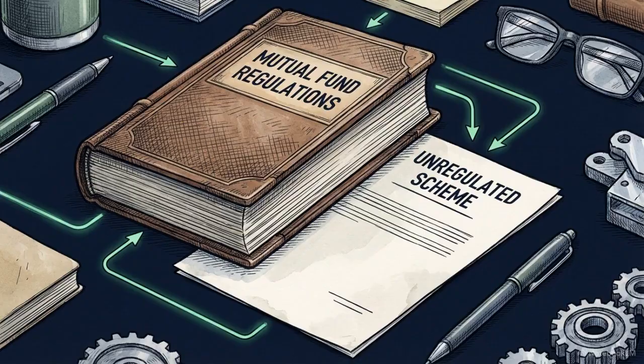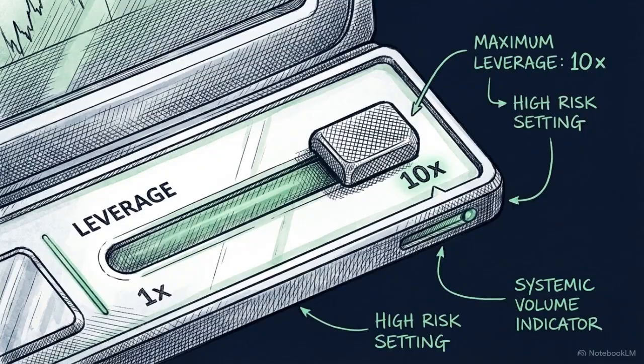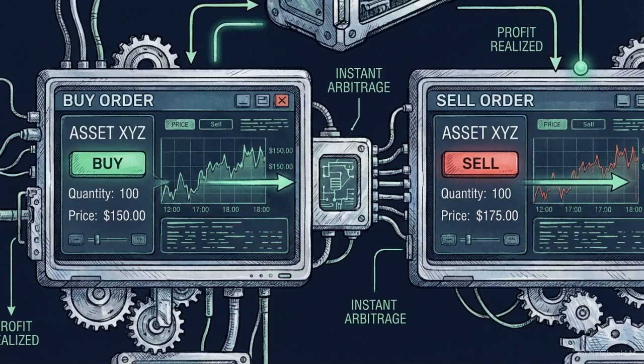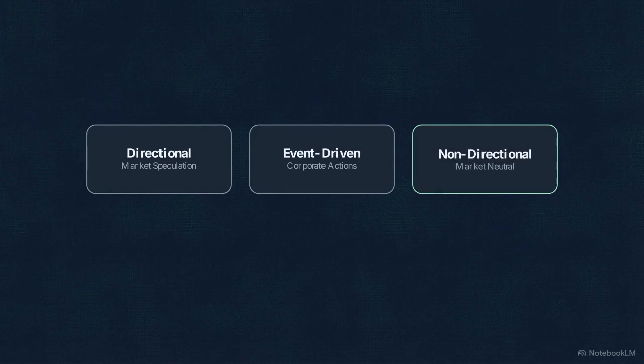Because hedge funds are structured as unregulated collective investment schemes, they aren't bound by the strict constraints placed on mutual funds. They are legally permitted to employ extreme leverage, aggressive short selling, and complex arbitrage. We can group these highly flexible tools into 3 broad strategies: directional, event-driven, and non-directional.